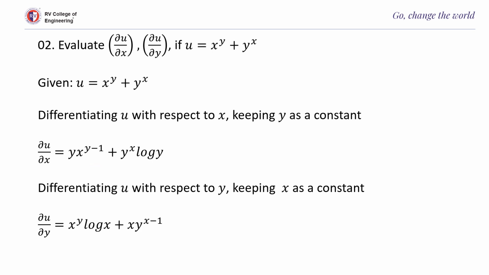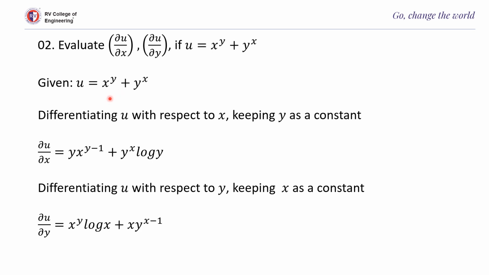Now moving further, I have the derivative of u with respect to y. So I'll say differentiate u partially with respect to y. The first term is of the form constant raised to the power of variable.